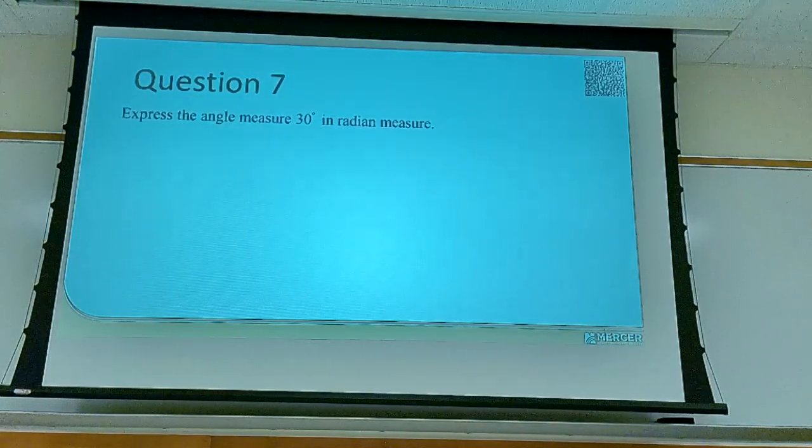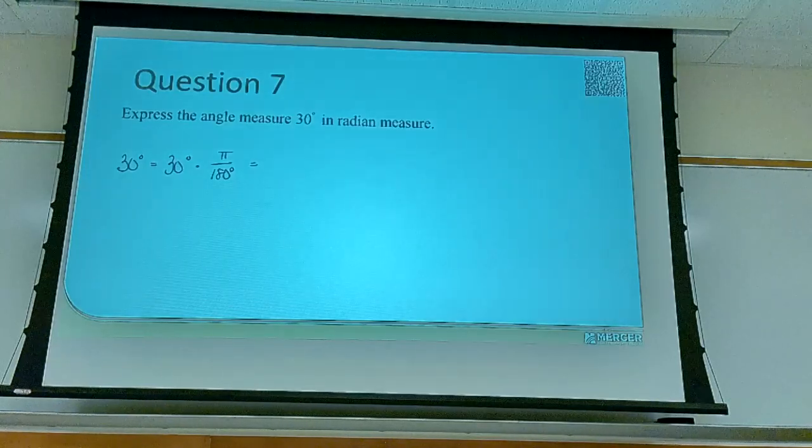30 degrees, times pi over 180 degrees. So that's the conversion factor we're multiplying by. And there's a 1 under there, right? Like that.